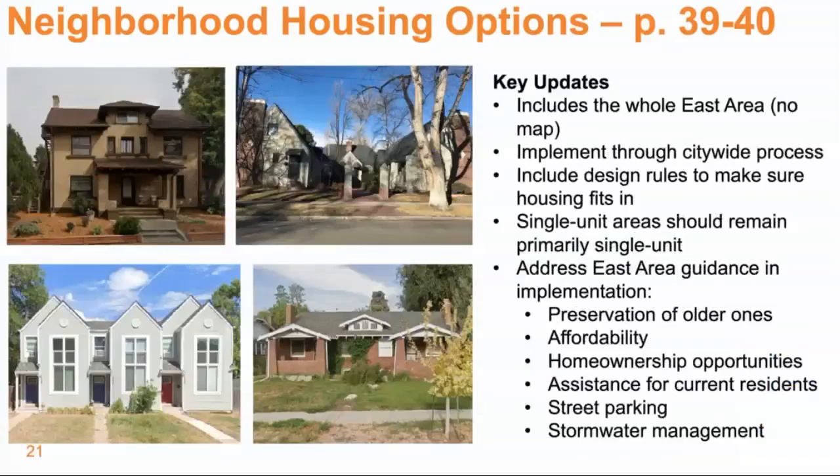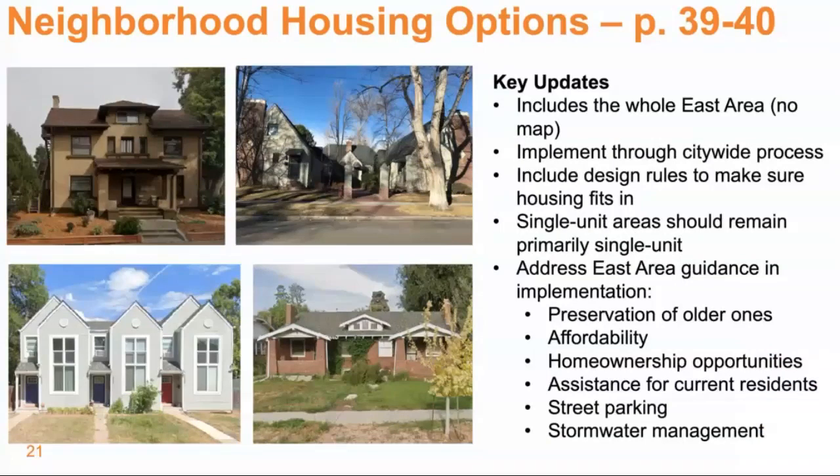Next is neighborhood housing options. So this is, how do we integrate new housing into residential neighborhoods? We heard a number of common themes with this draft recommendation over the past several months. One was that we initially had some areas identified adjacent to Colfax and adjacent to Colorado and in some other locations in the East area where we thought new housing options were more appropriate.